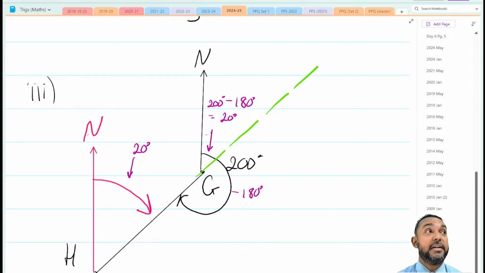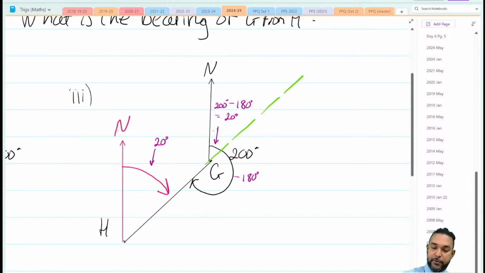So in this case, instead of adding 180, we had to subtract 180, but it's still 180 that has to be used. Because again, it's like you're turning backwards to go. Technically speaking, one second.